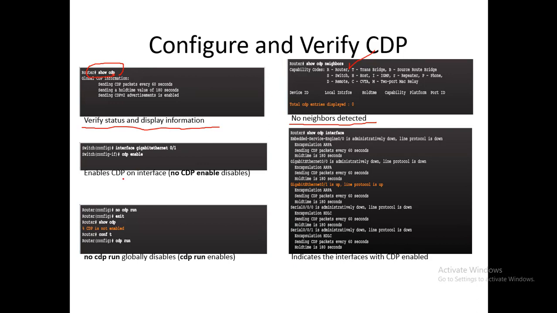Similarly, if you want to enable CDP on an interface, you can do that using this command, interface gigabit ethernet 0/1 and then cdp enable. Using this command, it will enable CDP on the interface.